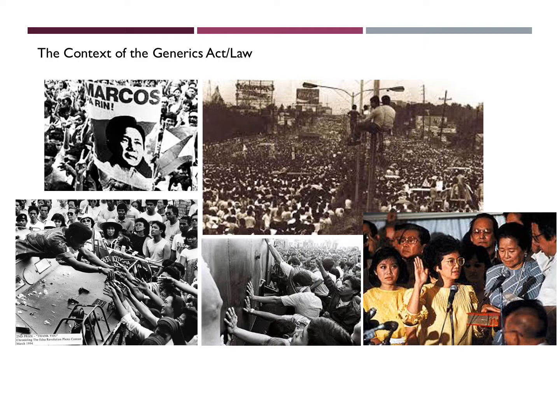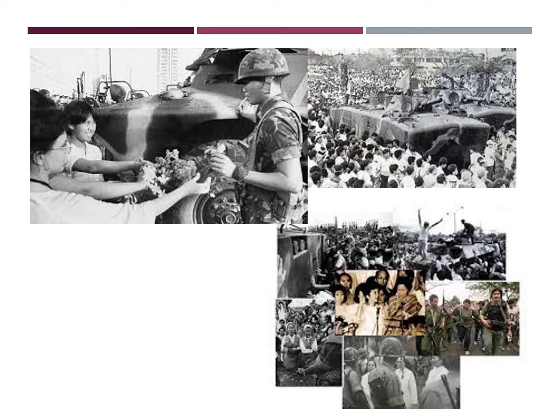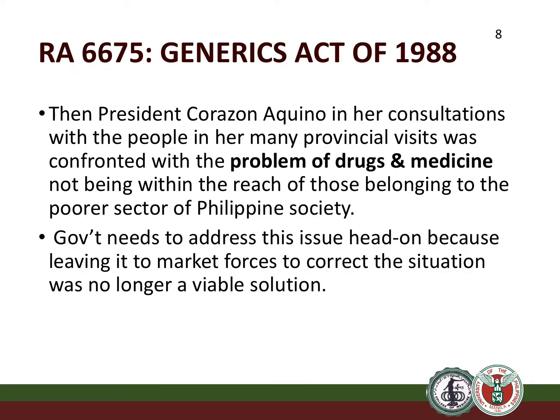And as part of her commitment to ensuring that she's able to address the problems of the greater majority of the Filipinos, she went on sorties, or she went throughout the country to have consultations. And in those provincial visits, she was confronted with the problem of lack of access to drugs and medicine. It was not within the reach of those belonging to the poorer sector of the Philippine society.